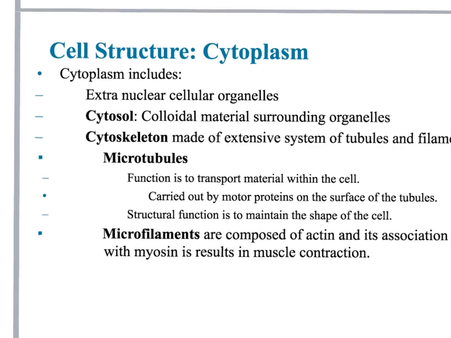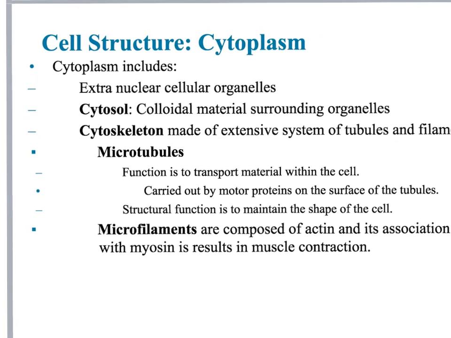And then the cytoplasm is kind of like the glue or the gel or gelatinous environment that keeps all the organelles in place within the cell. The cytosol is a colloidal material that also surrounds the cells. And then the cytoskeleton is similar to your own skeleton in that it provides a framework for your body.